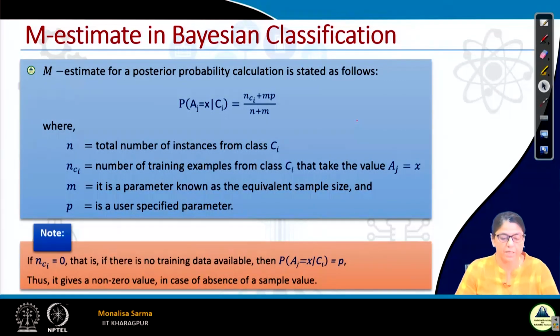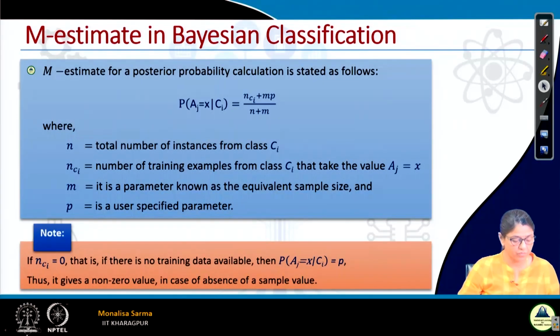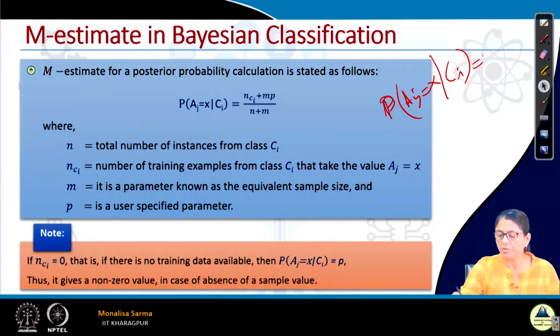First, in the normal case, when we try to find the posterior probability P(Aj = x | Ci), we just use the equation nC_i by n.